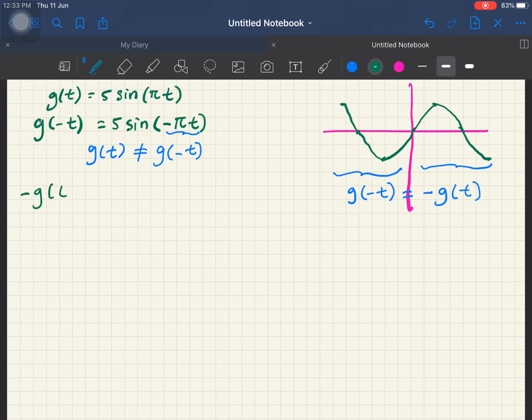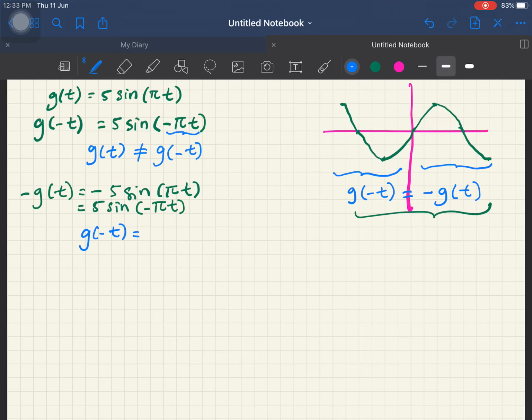If we try minus g of t, which is minus 5 sine pi t, from this relation we can substitute to 5 sine of minus pi t. So in this case, g of minus t is equal to minus g of t. So again, this is an odd signal.